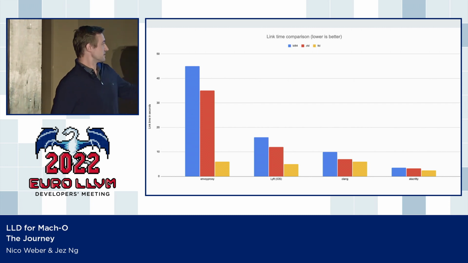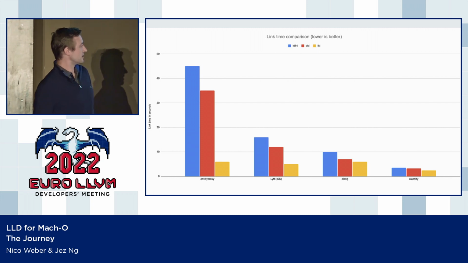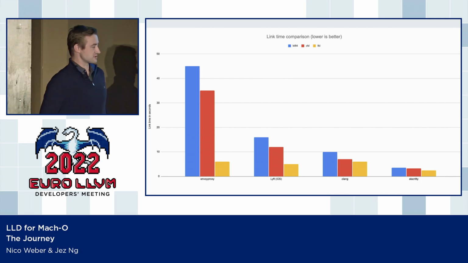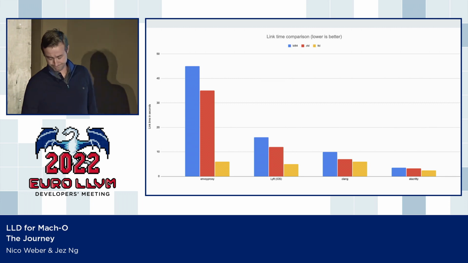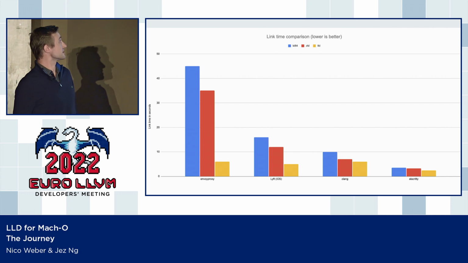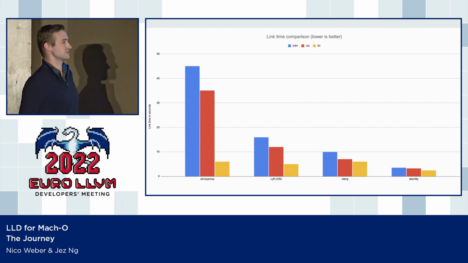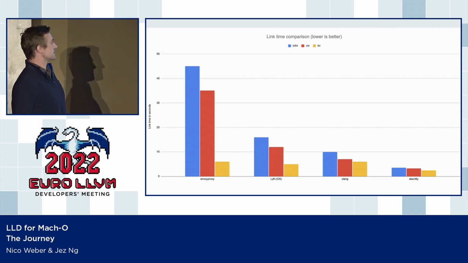For the Lyft app on iOS, it's a 3x win. For Clang, it's a little less than 2x. So the smaller your binary gets, the smaller the win is, but still, it's quite a bit faster than LD64. And ZLD is Michael Eisel's, I think, fork of LD64 that uses more efficient hash tables. And we're way faster than that too.